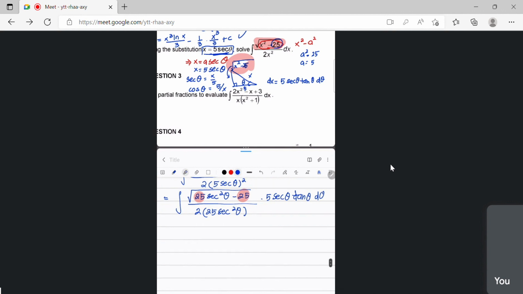Okay, the next one, kumpulkan semua yang ada constant. 5 to 25. So 2 times 25 is 50, 5 divided by 50, so kita akan dapat 1 over 10 lah kan? So keluarkan dulu 1 over 10. So this constant ni kita boleh factorize.